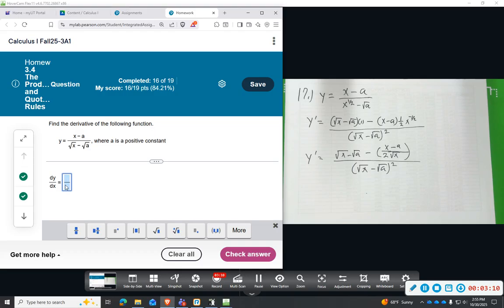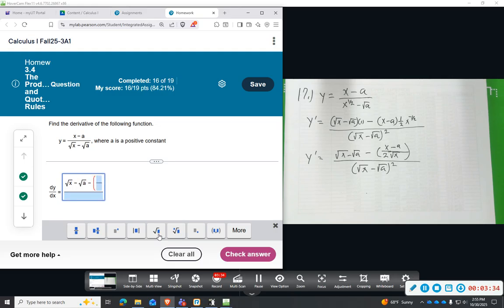So we'll have square root of x minus square root of a, minus, parentheses, do another division bar, and we'll have the parentheses out front.